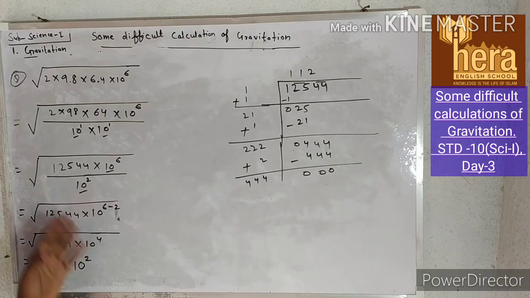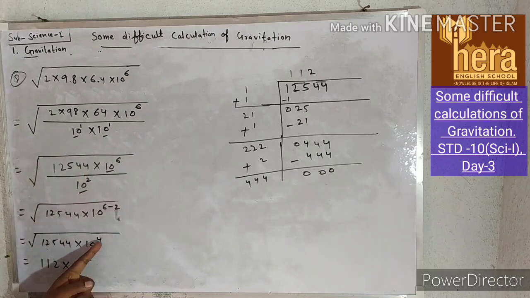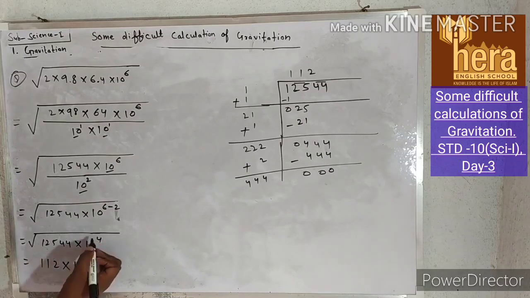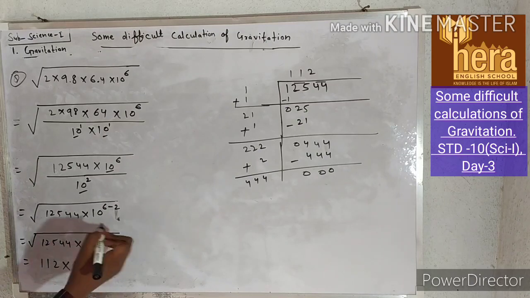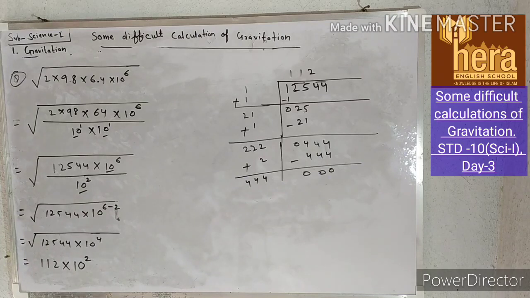If there is no even number, then you have to make this index an even number. I will take one more example in which here will be an odd number. If there is an odd number, then you have to convert it into an even number. And after that, if you take it outside the root, this will be just half.